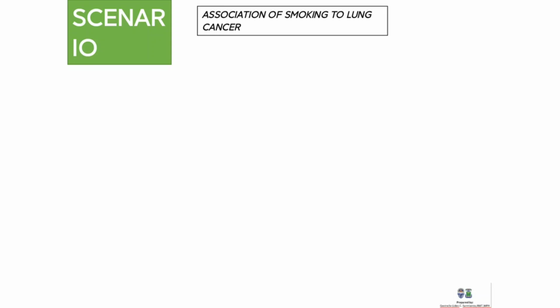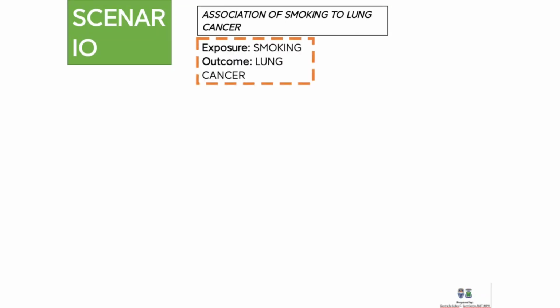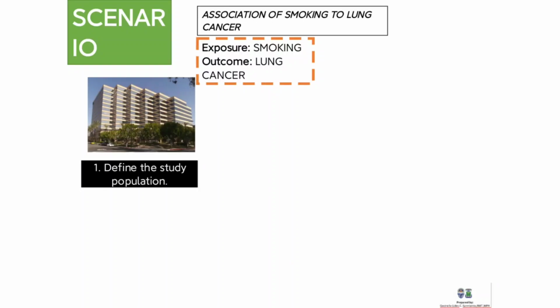Now, I'll give you a scenario. Okay? So, yung hypothesis mo was association of smoking to lung cancer. Ganun lang kasimple. Then, syempre, you identify your exposure. What is your exposure? Smoking. What is the outcome? Lung cancer. And then the first one, syempre, define the study population.